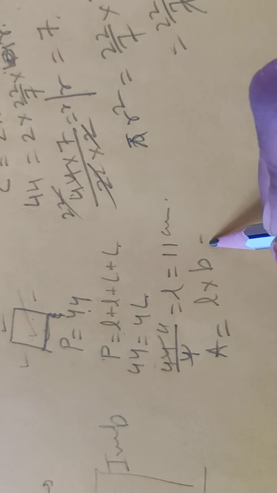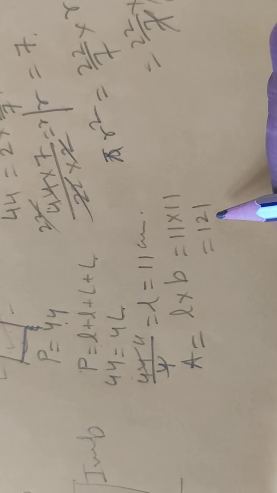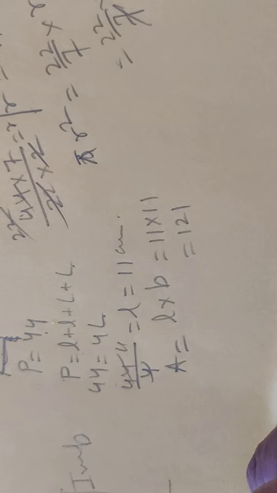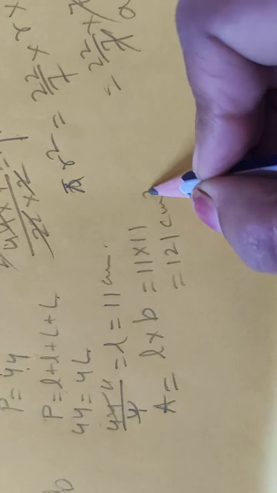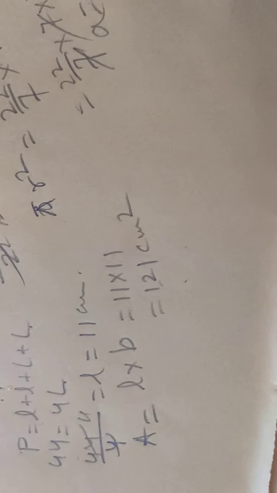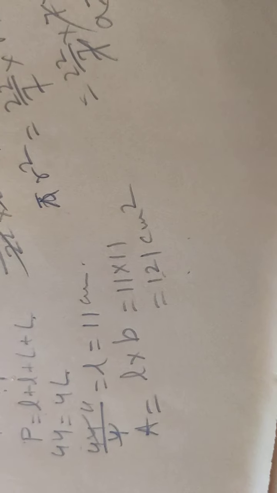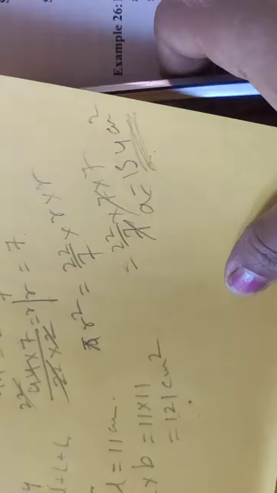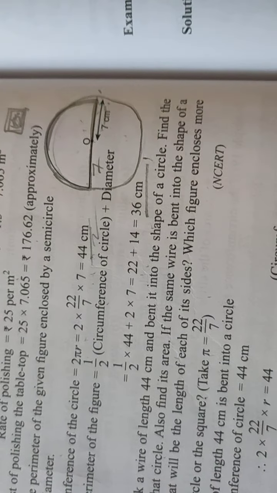Length into breadth. 11 into 11 is equal to 121 centimeter square. Now, from the sum itself, you will see that the area of the circle is greater than the area of the square. Clear? If not clear, go through the video twice, thrice, you will understand it. Okay?